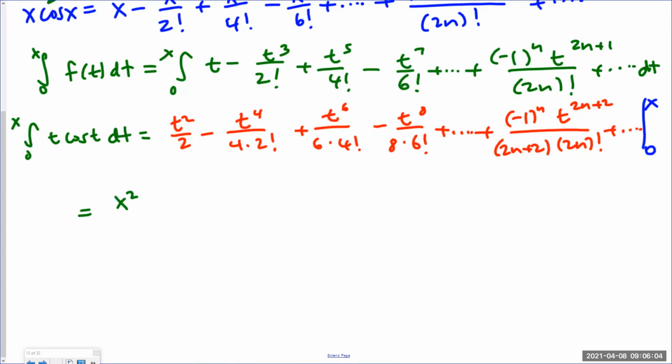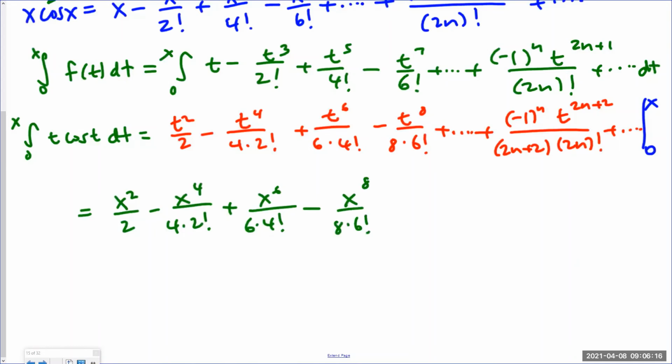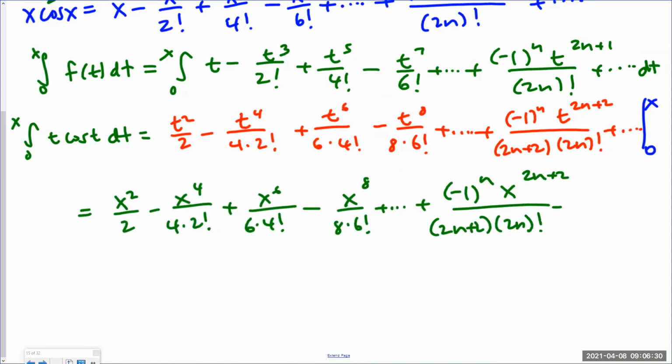So I have x squared over 2 minus x to the fourth over 4 times 2 factorial plus x to the sixth over 6 times 4 factorial minus x to the eighth over 8 times 6 factorial plus dot, dot, dot, plus everywhere there's a t, I'm just putting in an x, negative 1 raised to the n, x to the 2n plus 2 over 2n plus 2 times 2n factorial plus dot, dot, dot. Okay, first I put in x, then what do? Then I put in a 0.